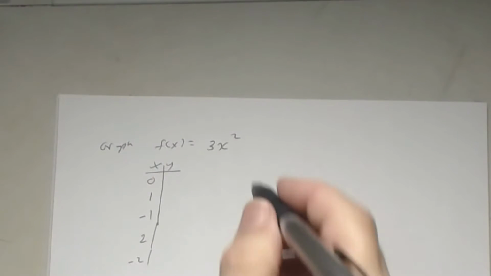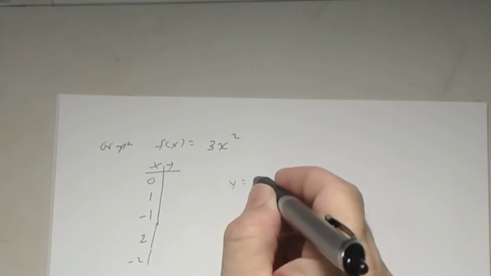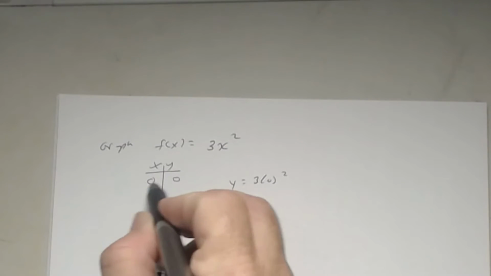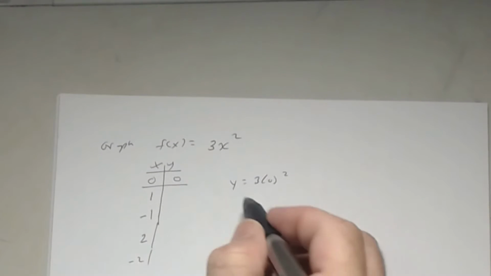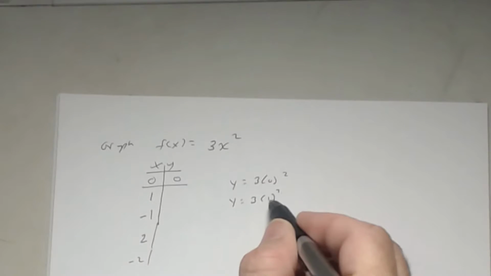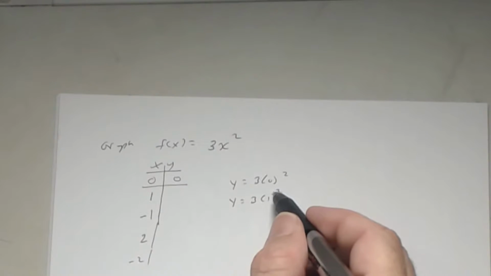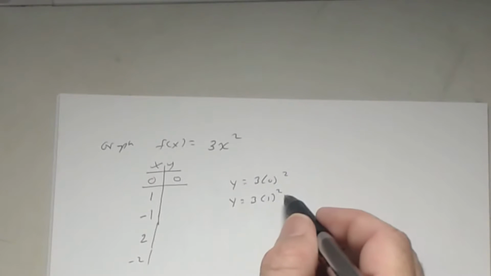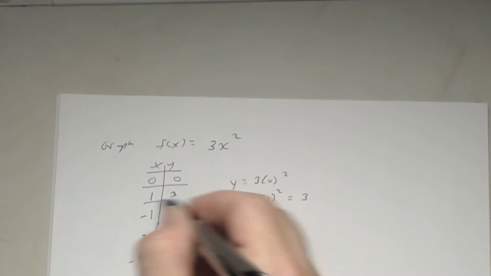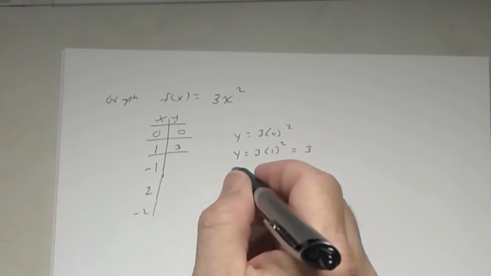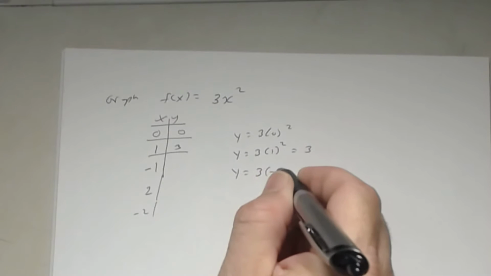When x is 0, y equals 3 times 0 squared. What's 3 times 0 squared? 0. When x is 1, I get y equals 3 times 1 squared. 1 squared is not 2. What's 1 squared? 1. 1 times 3 is 3. So I get the point 1, 3. When x is -1, I get y equals 3 times -1 squared.